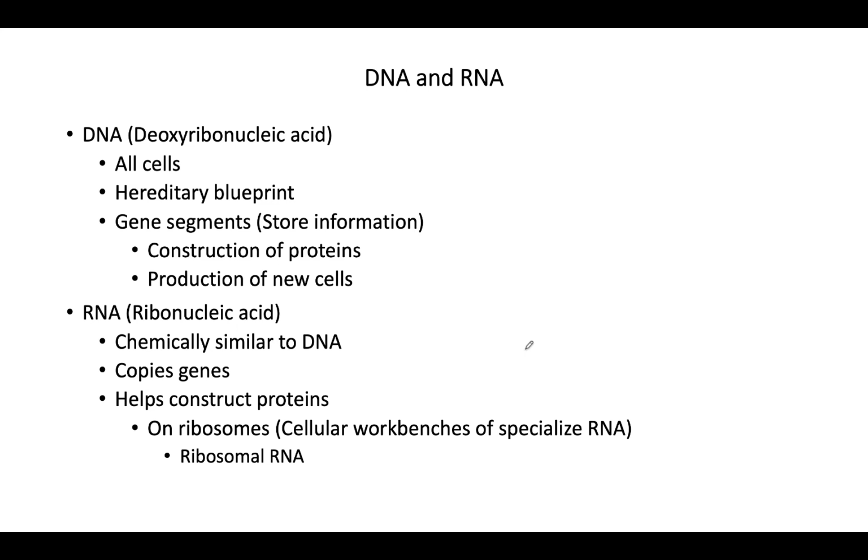RNA is chemically similar to DNA, but RNA just copies genetic information from DNA. RNA helps construct protein. On the ribosome, this is the site where protein synthesis takes place. This ribosome is composed of protein and RNA. So the ribosome is a cellular workbench of specialized RNA.